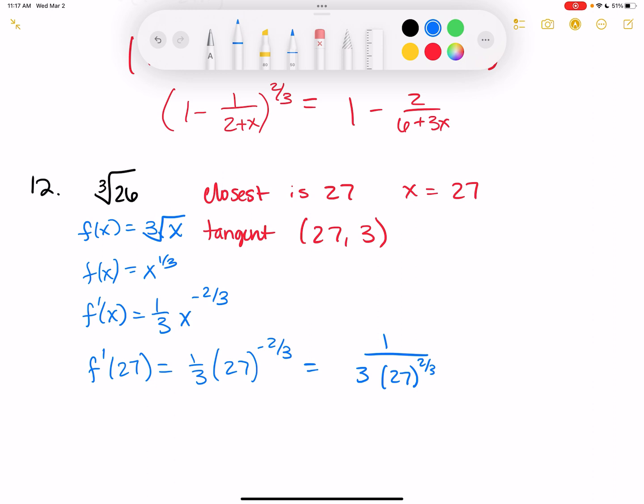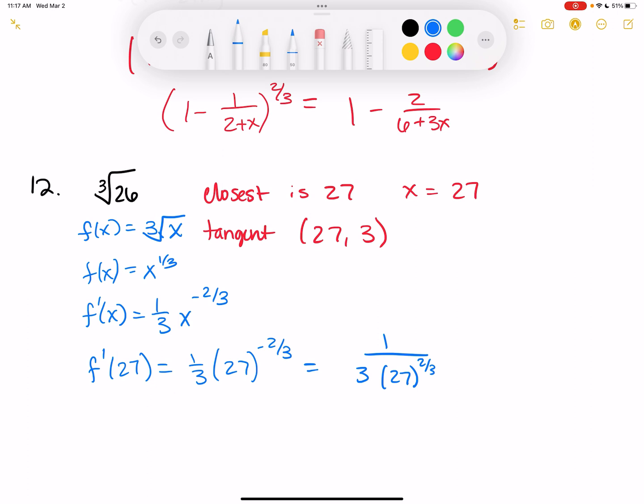It's 3, and then take that and square the 3. It just makes it easier to think about. It doesn't matter if you do the power first or the root first. You can do it either way. I typically will do the root first, because it makes the numbers a lot simpler to deal with.